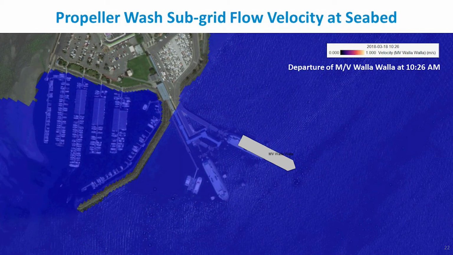Here we're going to have another animation, but in this animation we'll be looking at the subgrid Propwash field calculated at the sediment water interface as the ship leaves the ferry terminal. The subgrid will be shown as a series of colored square dots.